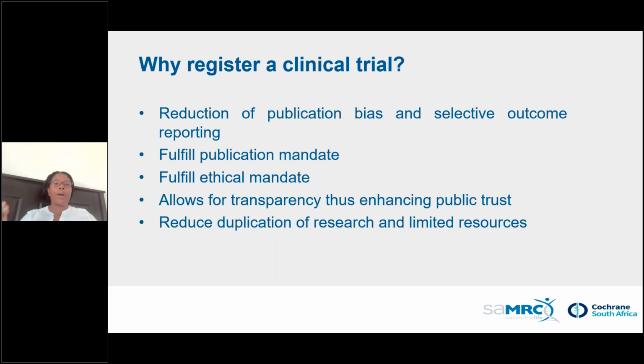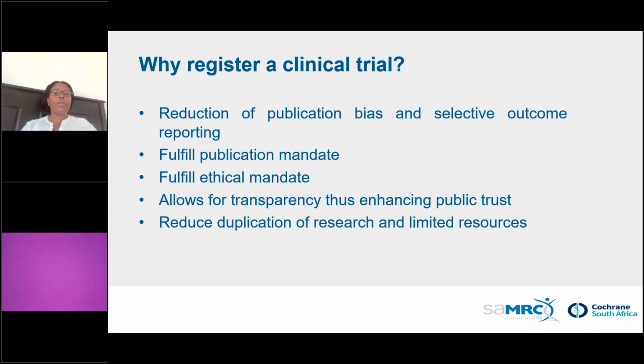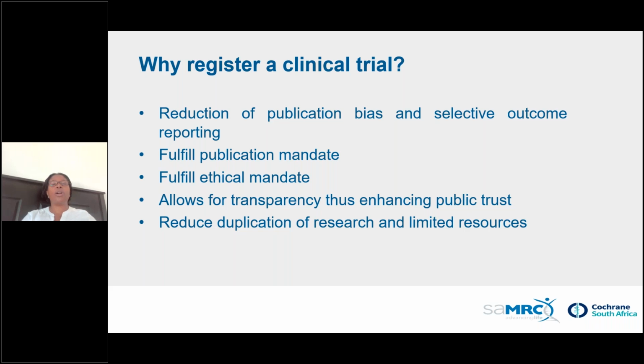So when you publish your study, it would be important to indicate, out of all the outcomes that you had planned to assess, are you able to report on all of those outcomes? Or are you missing some? What is the reason for that? And see where the gaps are and how you can add on to that.